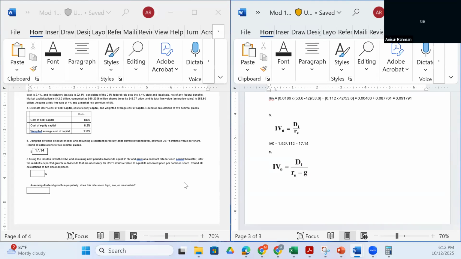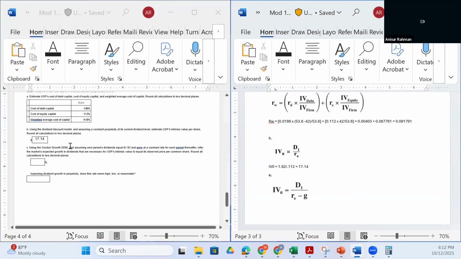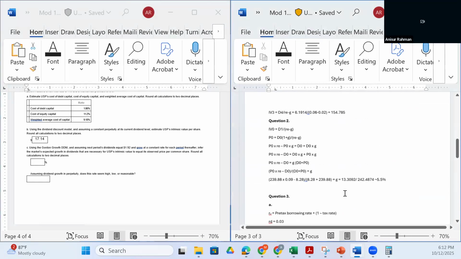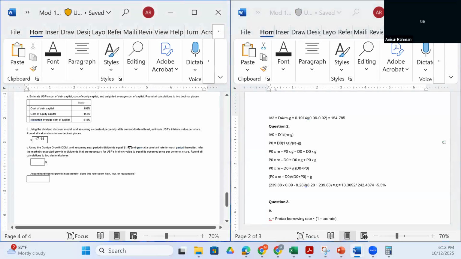Infer the market's expected growth in dividends that are necessary for USP's intrinsic value. So again, we have to find out the growth, but here we have to use Gordon growth, and we know the next period's dividend 192. So in the previous problem, if you remember, we had to go through this entire process because we didn't know D1, we knew D0. Now they're saying D1 is the same as D0, so we can directly use D1.